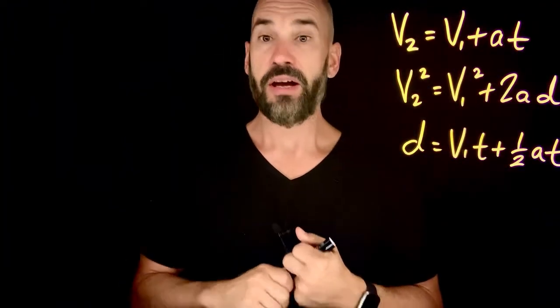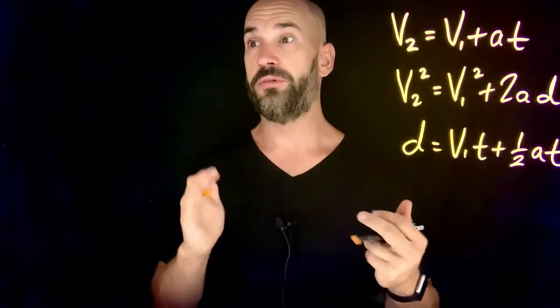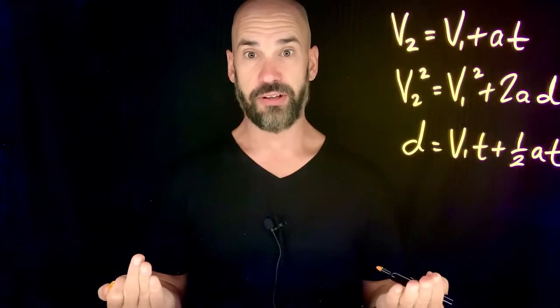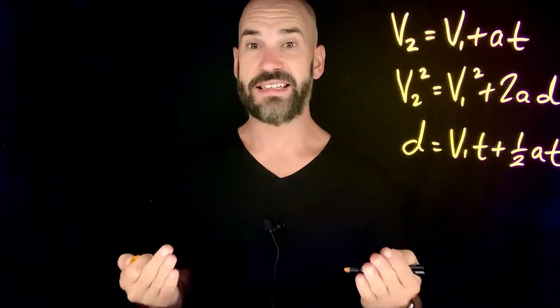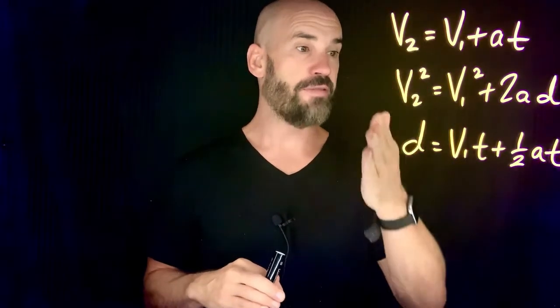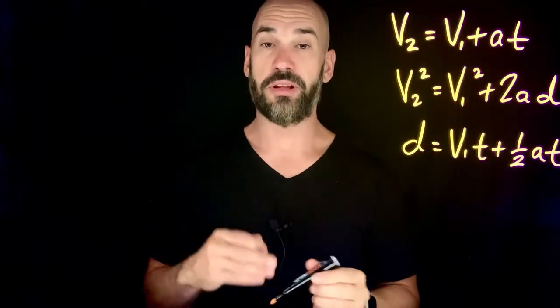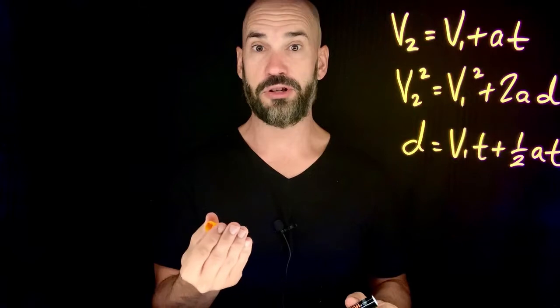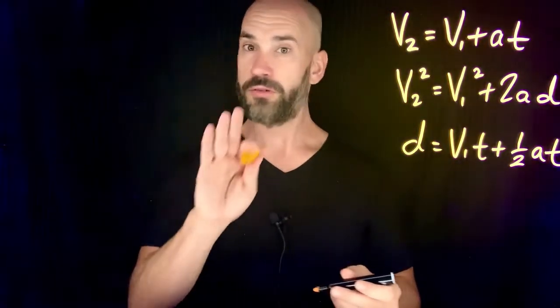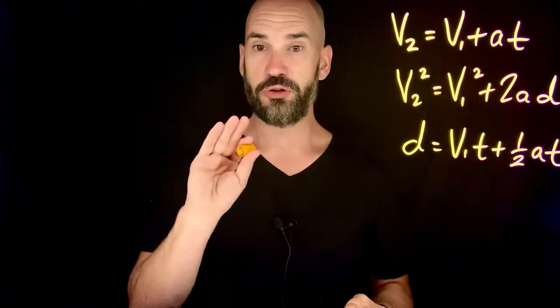So here we go. The first step is always to do what I call making a laundry list, okay? And a laundry list is simply, we have 5 variables in these 3 equations, so you make a list of those 5 variables so that you can fill them in and know exactly what you have, okay? So don't take a shortcut. Do this always from the beginning.